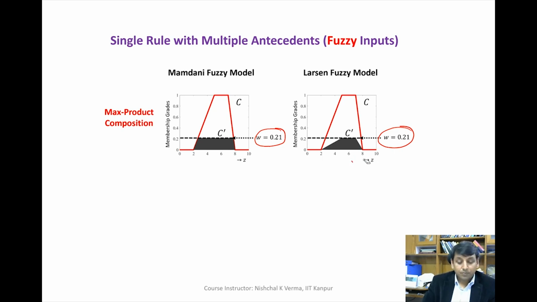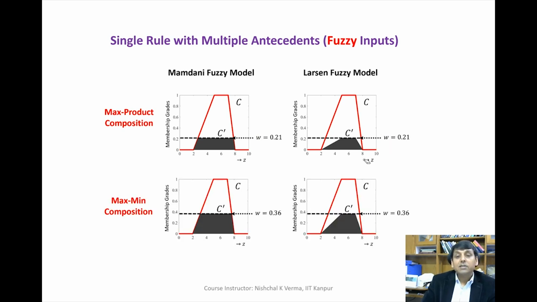Alright, now let us compare the Larsen fuzzy model output again in the case of max-min composition. So we have two compositions that we have used here. Since we have multiple antecedents, and in our case we have two antecedents, max product and max min will make the difference.